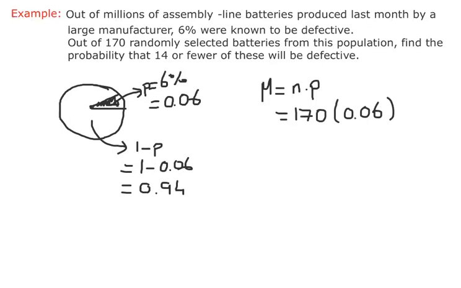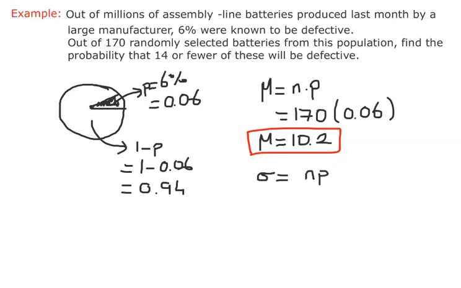So let's go back to our calculation. When we do this calculation, we get mu is equal to 10.2. So we got our mean, 10.2. Next thing we need to do is the standard deviation. Standard deviation is equal to the square root of n times p times 1 minus p.